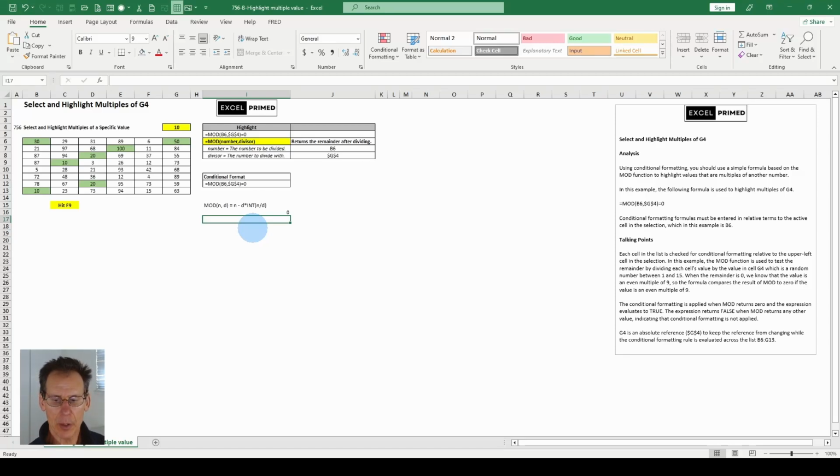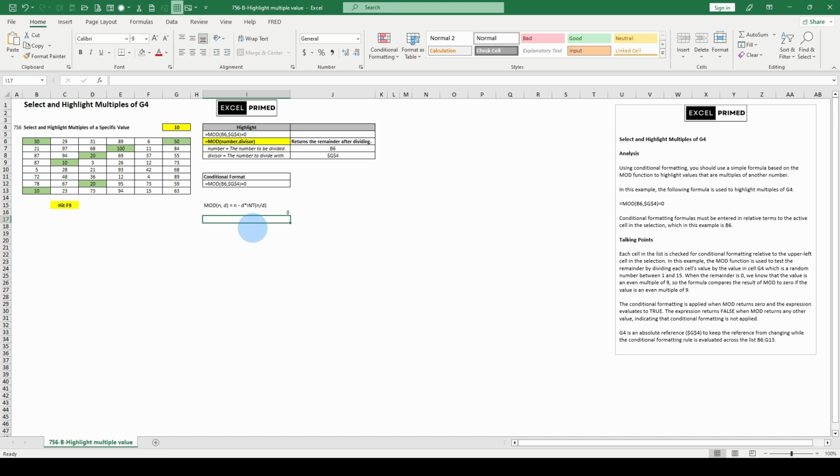Let's take a look at mod. What are we going to do in this particular example? We're going to look at multiples of 10. It's straightforward. In other words, if we have a number 30, is it a multiple of 10? Of course. In other words, if I divide 30 by 10, what's the answer?